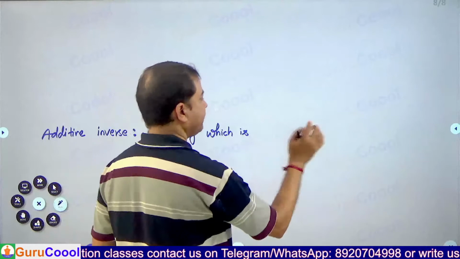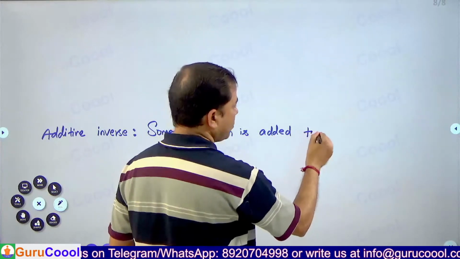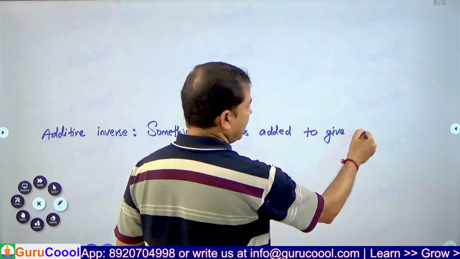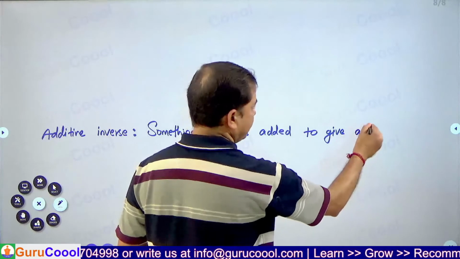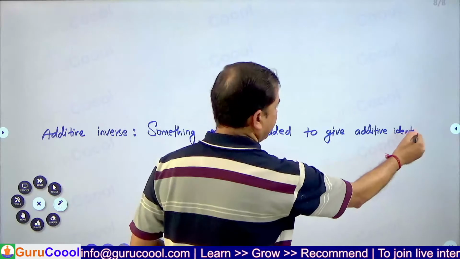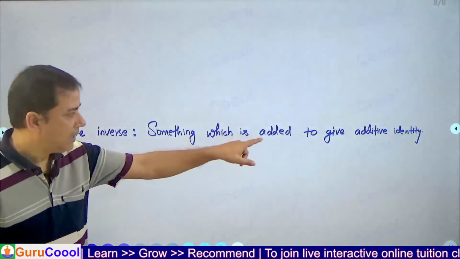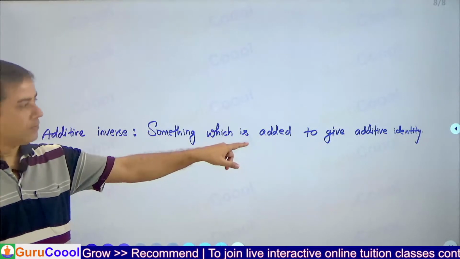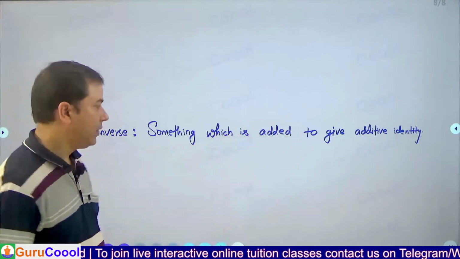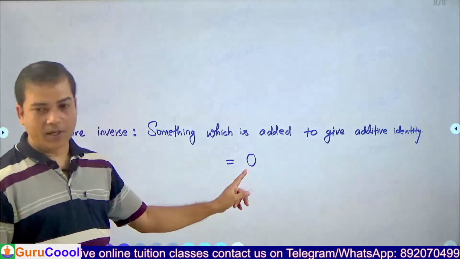Something which is added to give what? Guess. To give additive identity. Something which is added to give identity means after the equal sign you should have identity. Additive identity, that is 0.